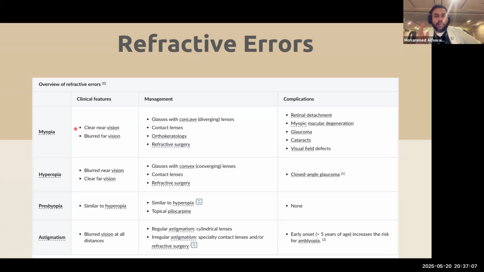Excellent. Myopia. So if I have this book and I'm looking at it near, I can see it clearly. In this case, with the lens, do I want to make it more converge or more diverge?